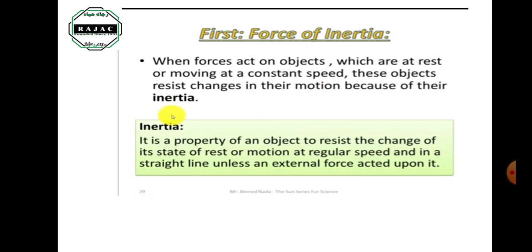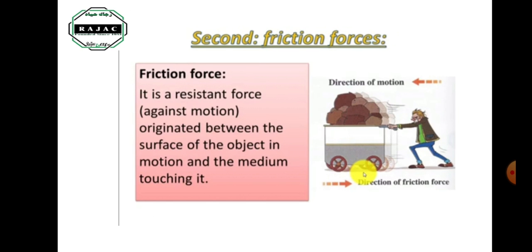As we said, inertia is a property of an object to resist the change of the state of the object, whatever it was, rest or motion. And we talked about the friction force, and we said when the body or any object moves through the air or water, there is a friction force between them, as we said in 5th primary.